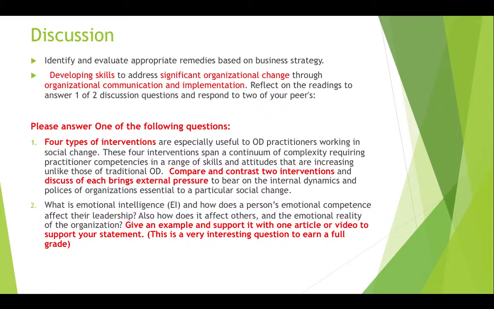So basically, in a nutshell, although this is fairly wordy, what I want you to do is look at the 4 types of interventions, take 2 of them, compare and contrast them, and talk about how they actually impact different types of social change.